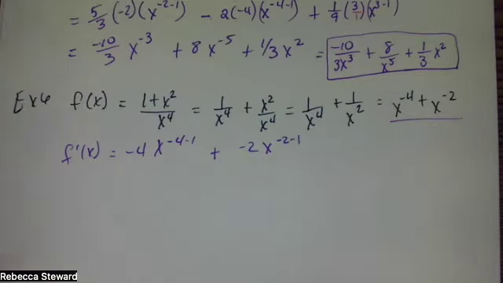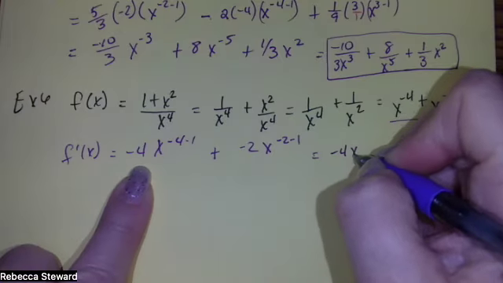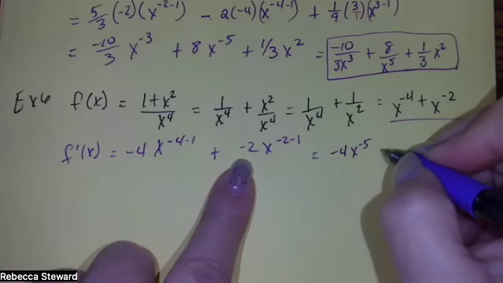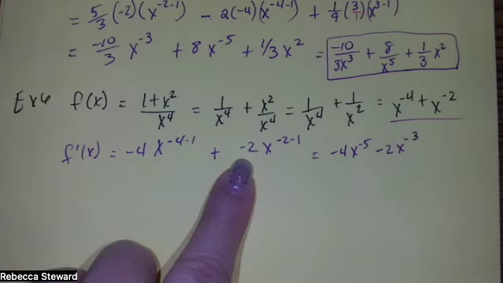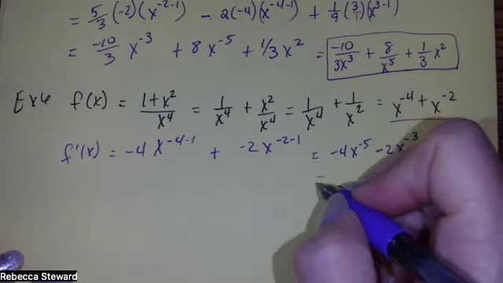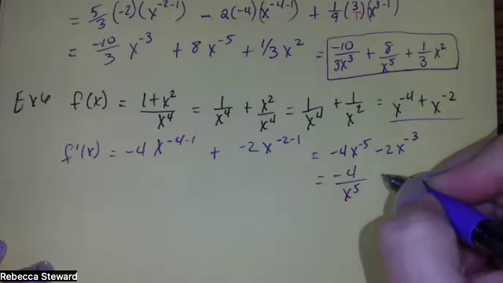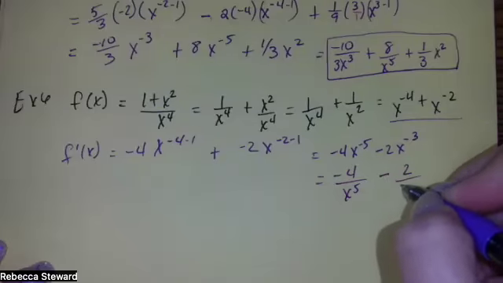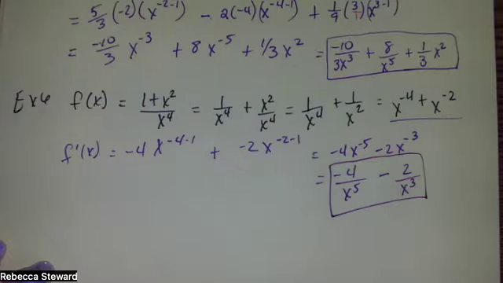Either way works. All right, let's simplify this down. This will get us negative 4x to the negative 5 minus 2x to the negative 3. And then, of course, we need to write it with positive exponents. So this will become negative 4 over x to the 5th minus 2 over x cubed. And that would be our derivative.